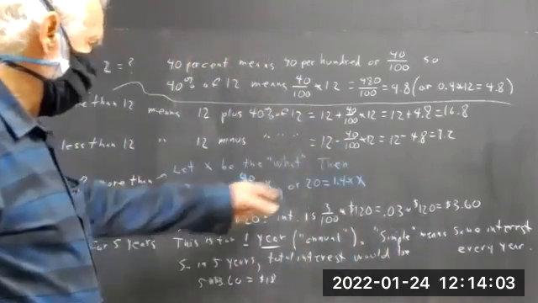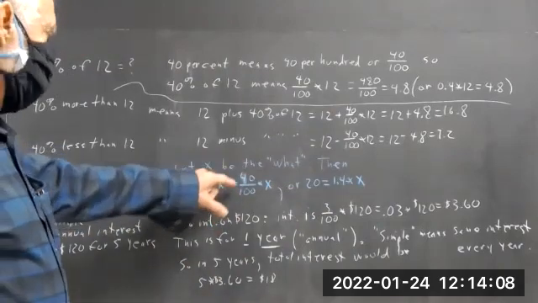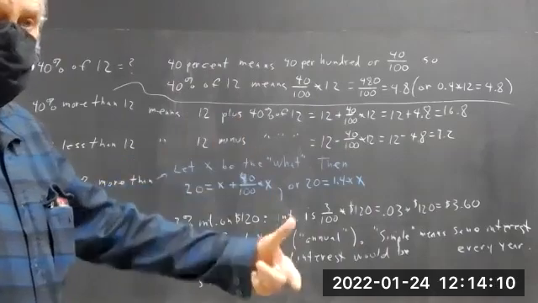The 20 equals 1.4 times X, because X plus 0.4X is 1.4X.